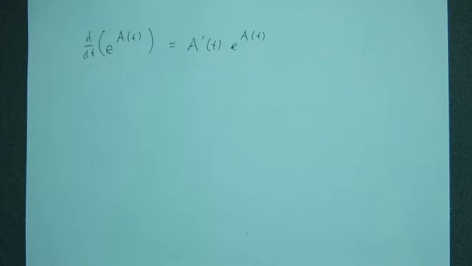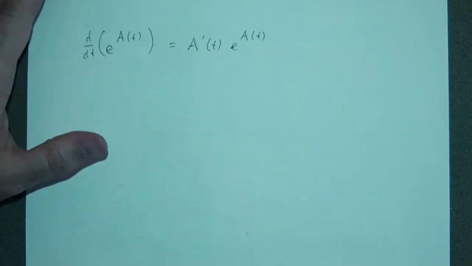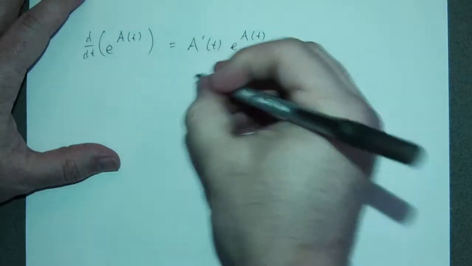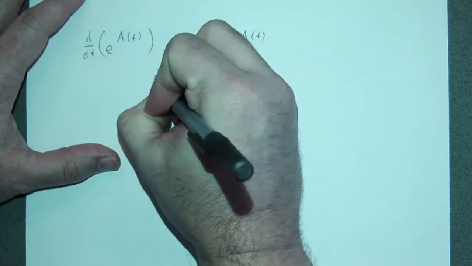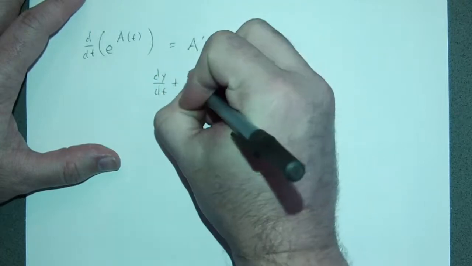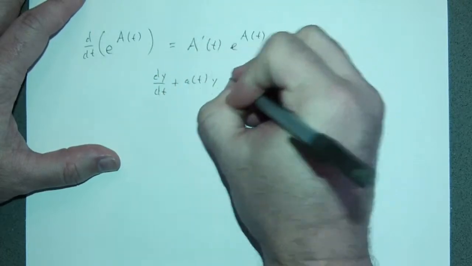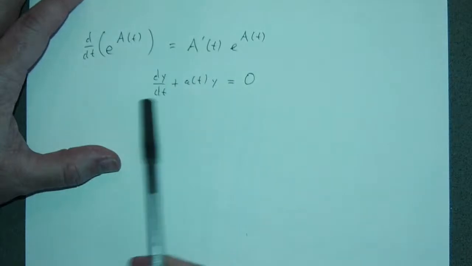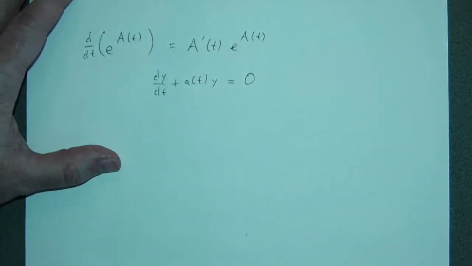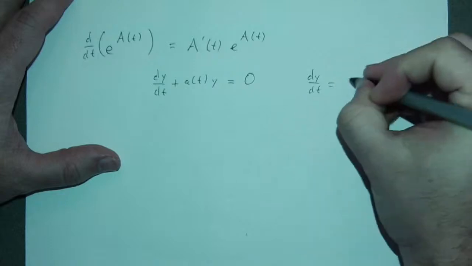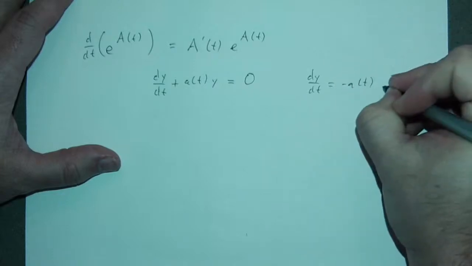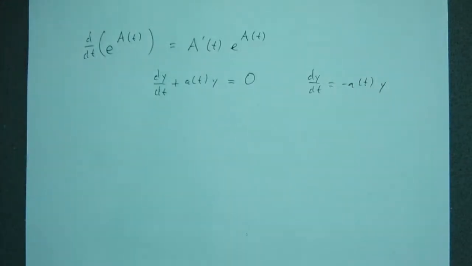And so, if I am in this situation where I have dy/dt plus a of t times y is equal to 0, then really I'm in the situation dy/dt is equal to minus a of t times y.